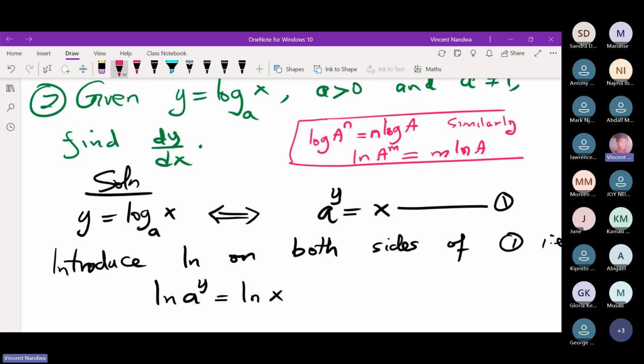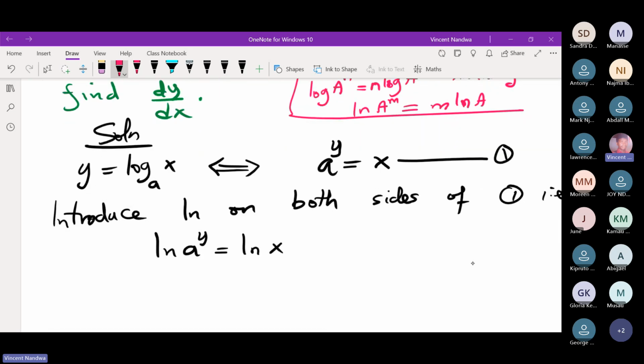All the rules of the parent logarithm that you learned in high school are exactly the same way we interpret this natural logarithm function. So we also can drop this power, and this can be rewritten as y ln of a equals ln of x, just by using this property of log.